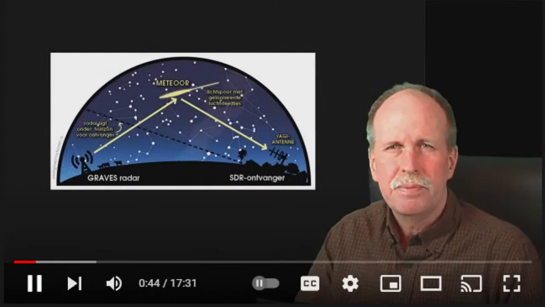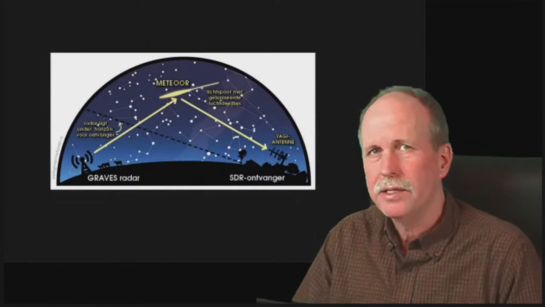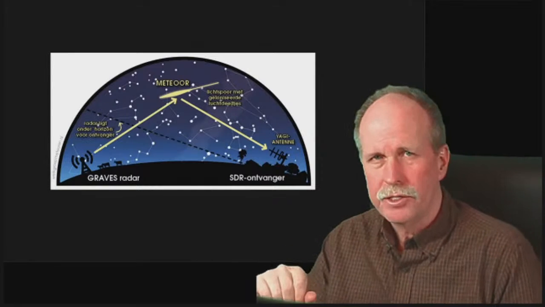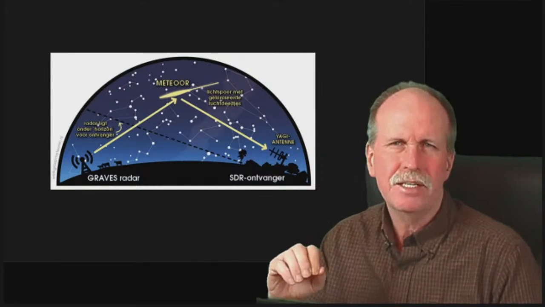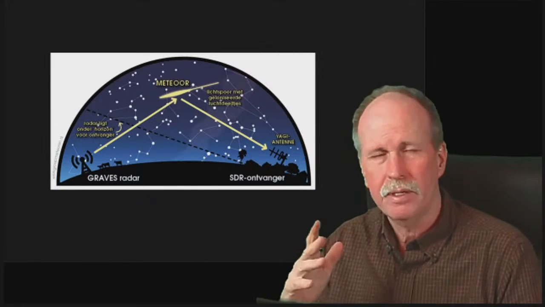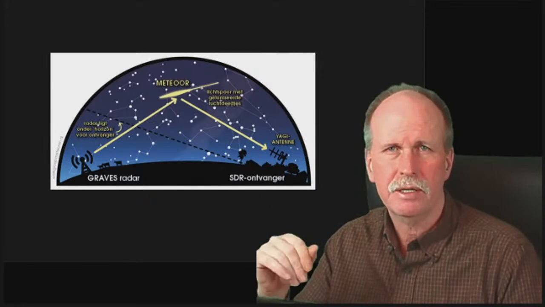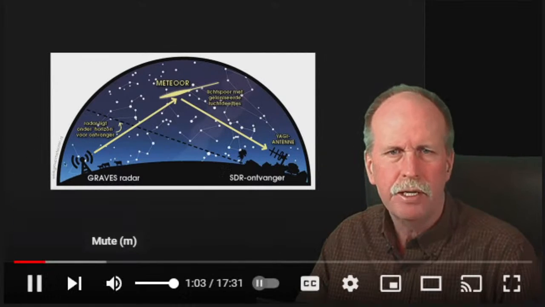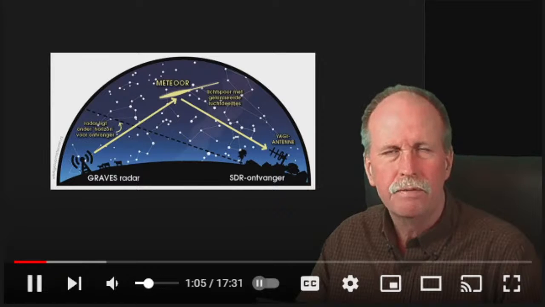Now, although this appears to be written in Dutch, I think we can get the general idea from this illustration. One way to detect meteors is to use a distant radio station to literally light them up as they come through our atmosphere 60 to 100 kilometers above the Earth. We have a radio station that is well over the horizon.